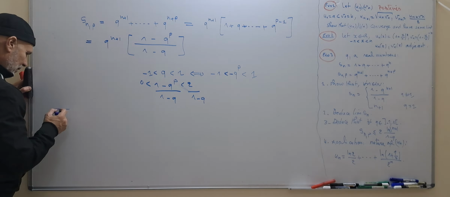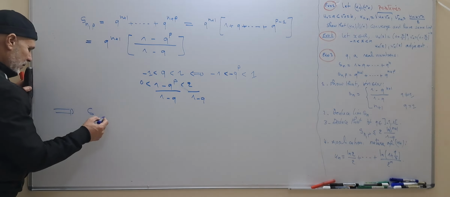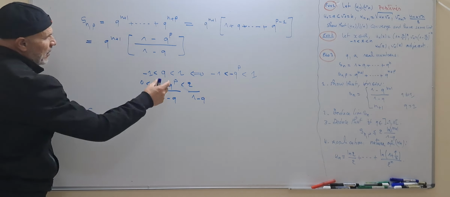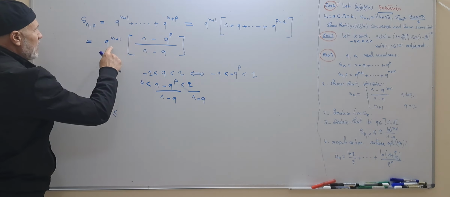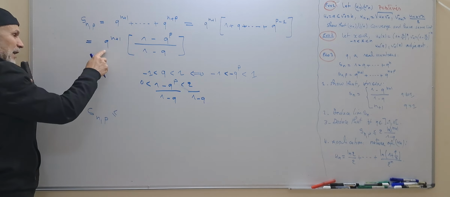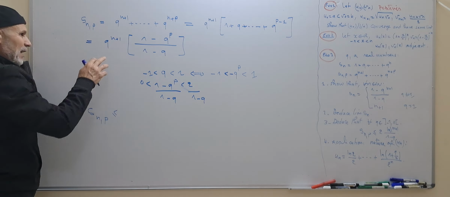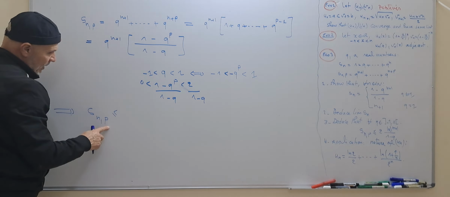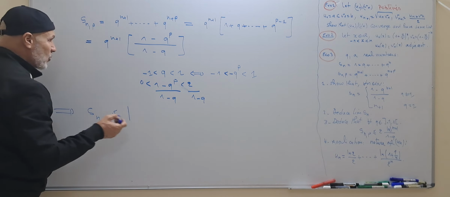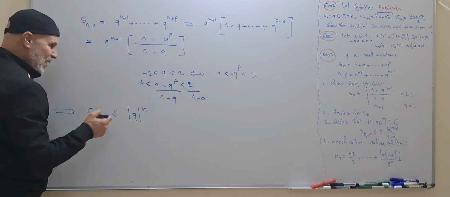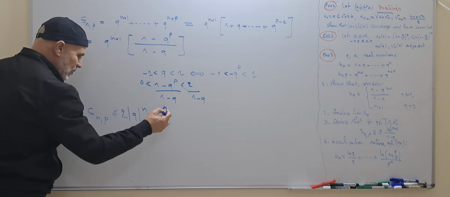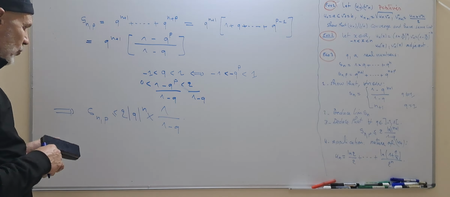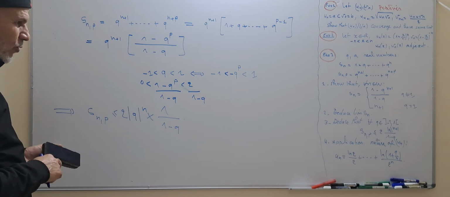Then S_{n,p} is less than or equal to this term, which is positive. If it is positive, it's okay. If it is negative, in this case, we can be sure that S_{n,p} is less than or equal to the absolute value of q power n plus 1 times 2 times 1 over 1 minus q. This is the solution of the proof, the solution of this question.